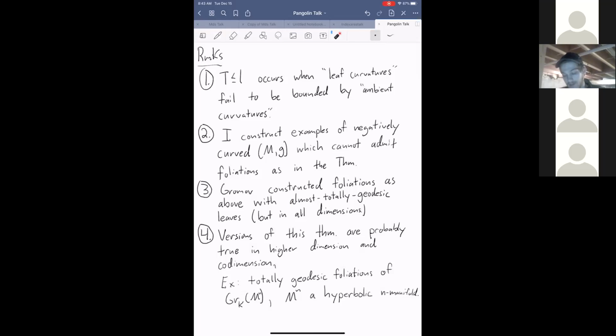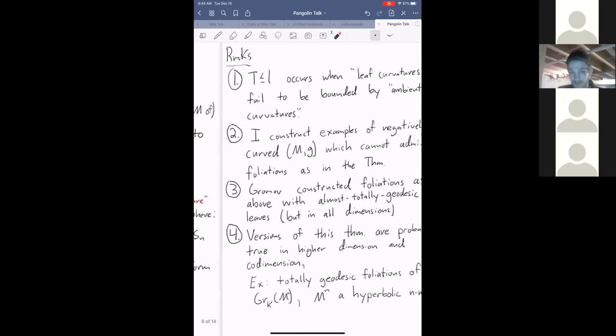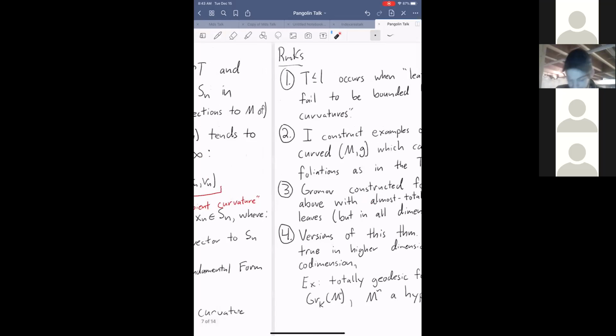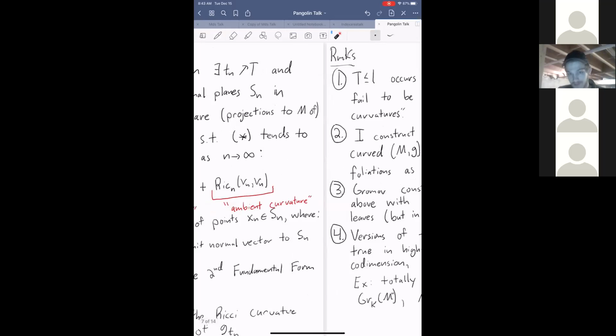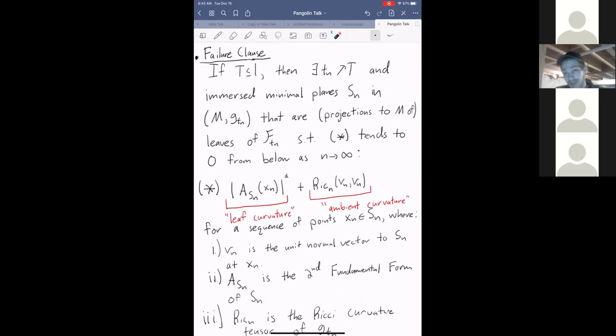What is happening there is that, as I indicated in red on the previous page, the leaf curvatures, or the principal curvatures of the leaves, are failing to be bounded by the ambient curvatures. So that's the thing that can go wrong.